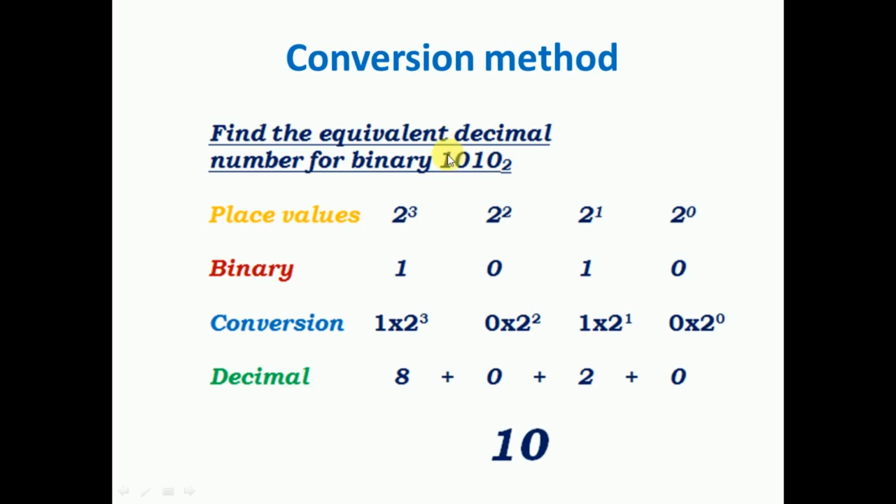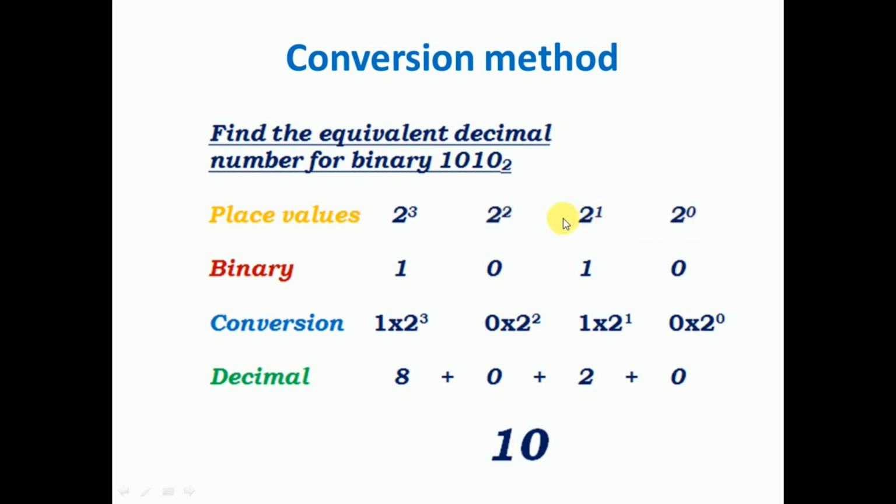It starts with the units digit, where the place value is 2 to the power 0. After that we have 2 to the power 1, 2 to the power 2, 2 to the power 3, 2 to the power 4, 2 to the power 5, and so on. From right to left, the power of 2 increases gradually. It starts from 0, and in each step it increments by 1.